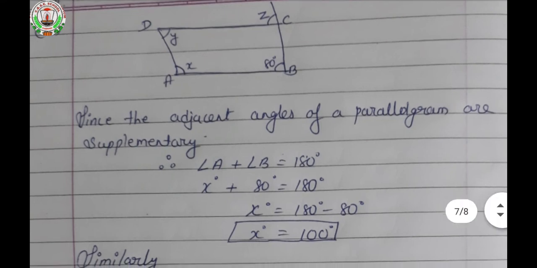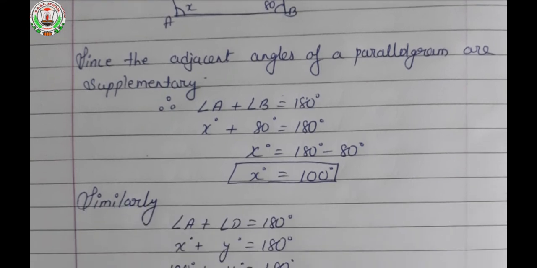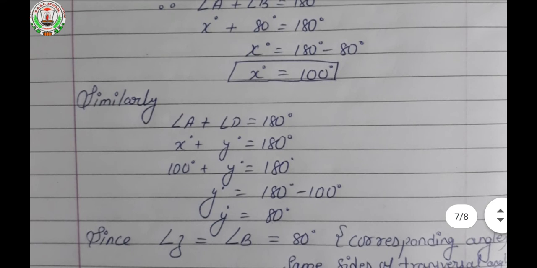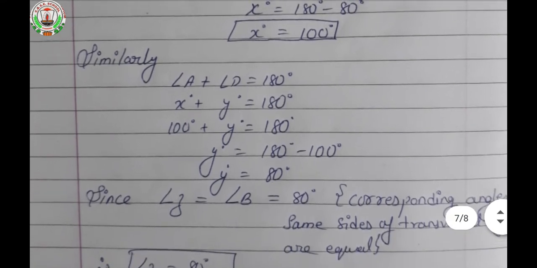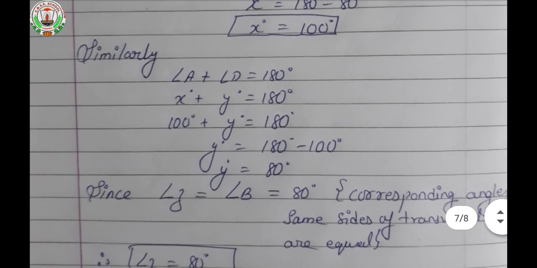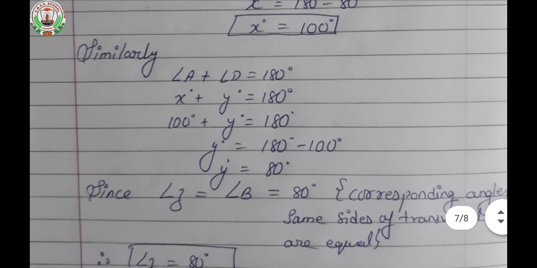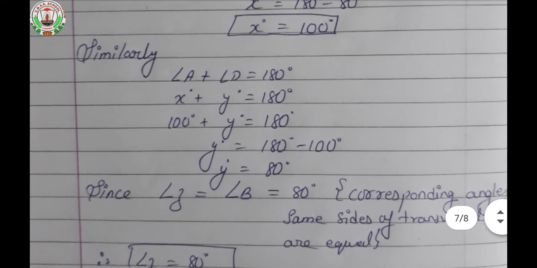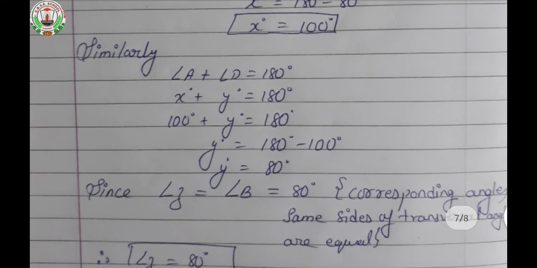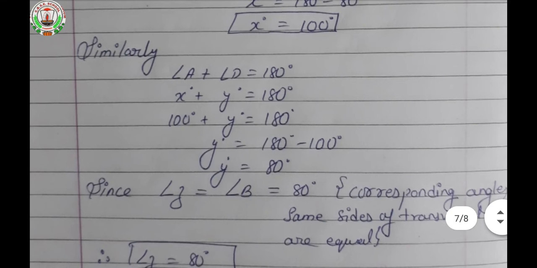So the value of angle X is 100. Similarly, we are going to find the next part, that is angle A plus angle D is equal to 180 degrees. Why is it so? Because they are adjacent angles, and the sum of a pair of adjacent angles is supplementary. So angle A is X, angle D is Y. So X plus Y is equal to 180 degrees. The X value is 100 plus Y is equal to 180 degrees.